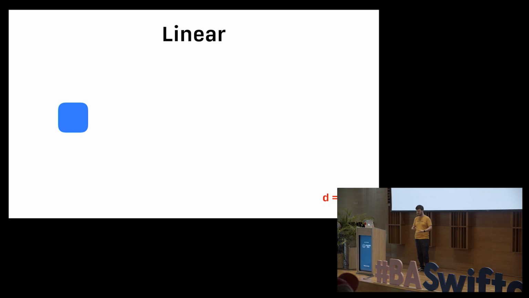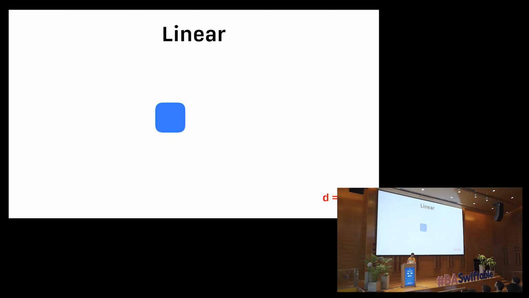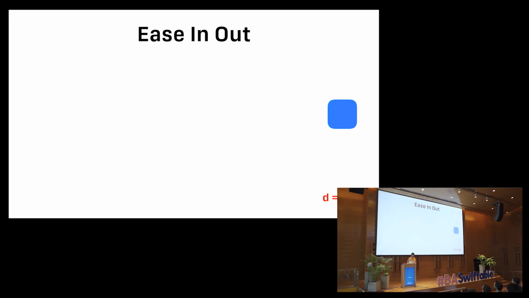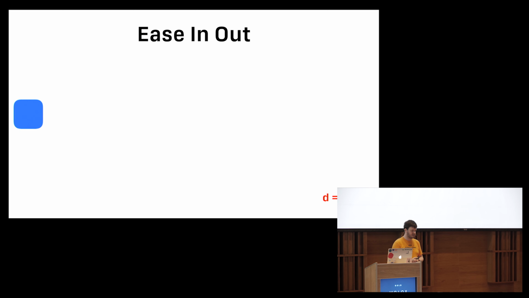So linear is boring. It usually looks brittle. It's not very nice. One that you're probably more familiar with is the ease in out curve, which is way nicer. So there's some acceleration and deceleration. It starts slow, speeds up, then slows down as it reaches the end. So this gives the animation a much more natural feel, and it's way better.